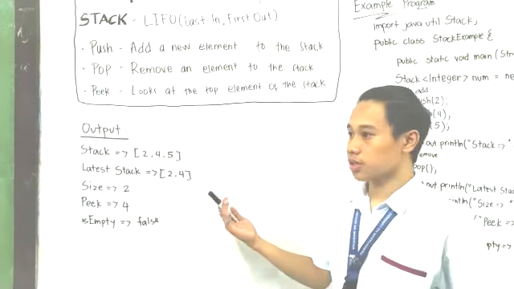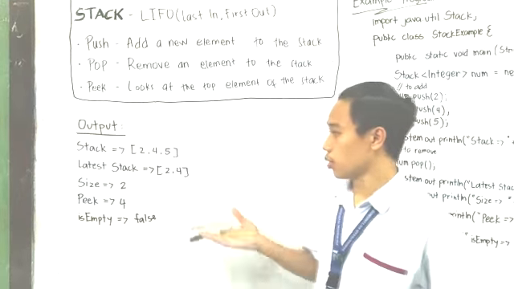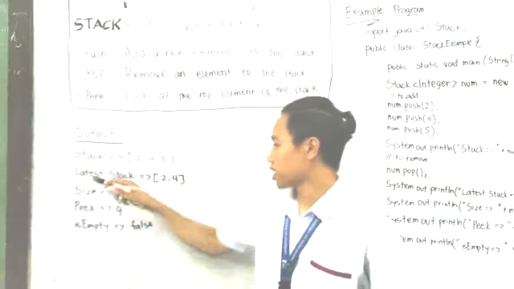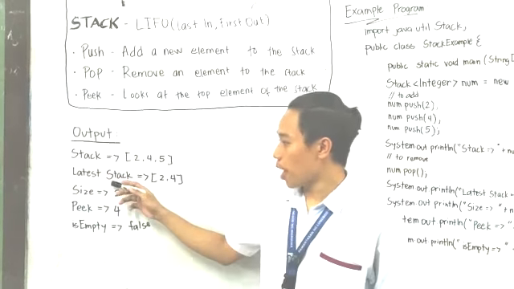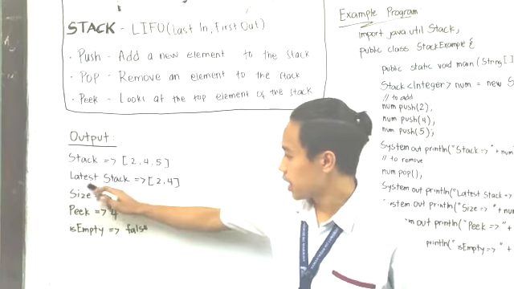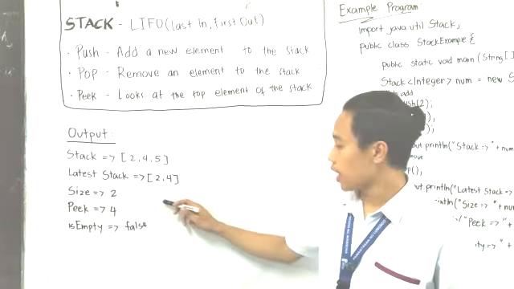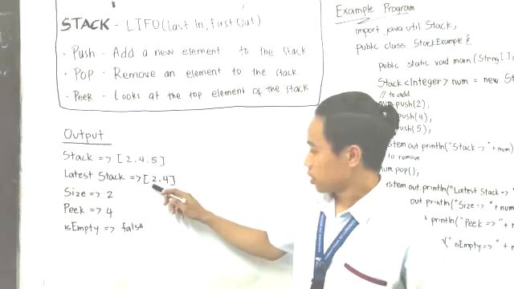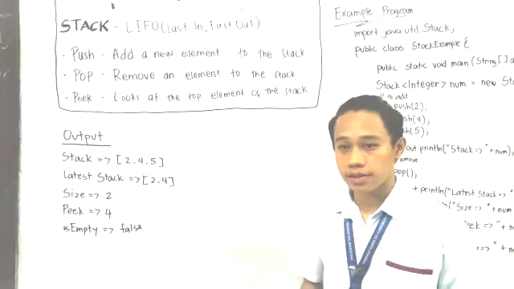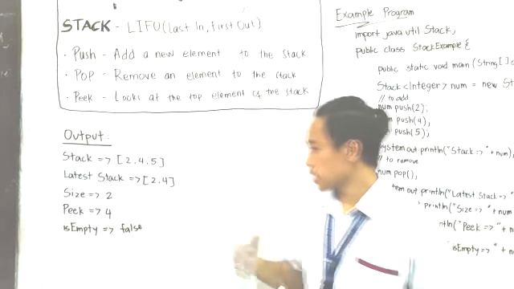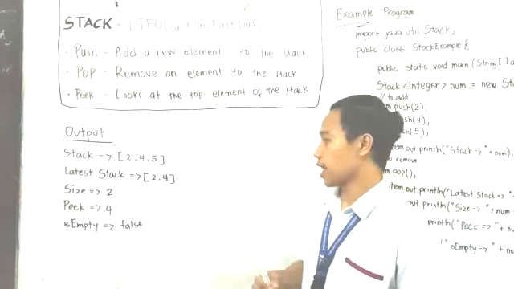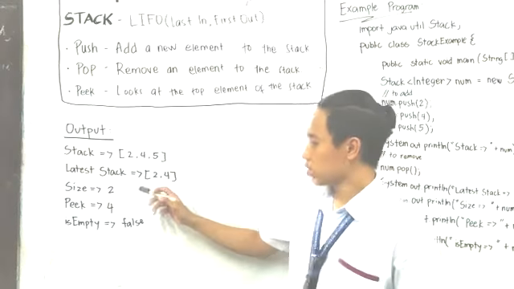As you can recall, we popped an element before the latest stack. As we popped the number 5, as you can see in the latest stack, the remaining elements are 2 and 4, because the last element that we entered is the number 5. So the first element that comes out is also the number 5. So this is the latest stack.